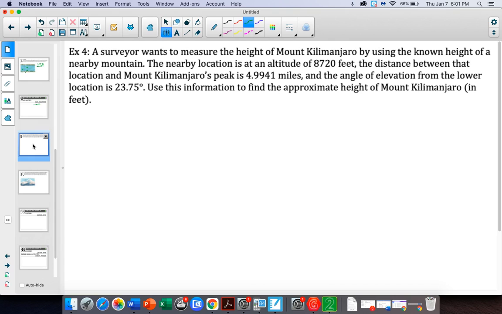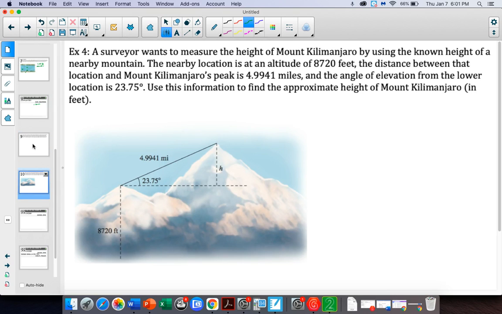So, again, I've got a pre-made visual here, and this is slightly more involved than just drawing a triangle, right? But it still ends up, we're just going to solve parts of a right triangle. Okay, so here's my nearby mountain. All right, here's the peak of that nearby mountain. And we're saying that's 8,720 feet.